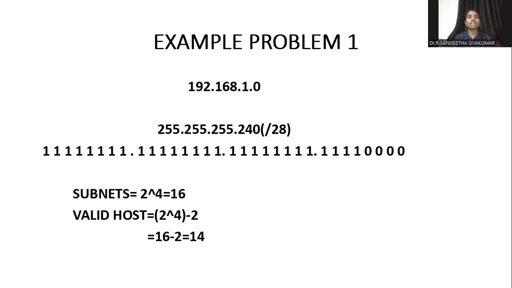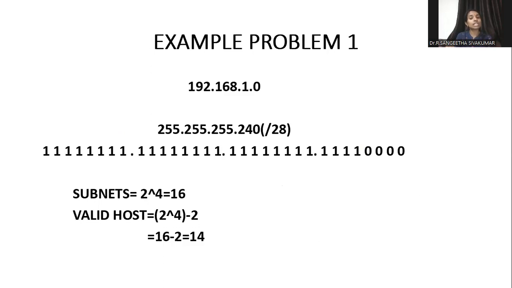So now let's get into the example problem. Here we have an ID, that is, the IP address of a particular device is 192.168.1.0. The subnet mask for that IP address is 255.255.255.240.